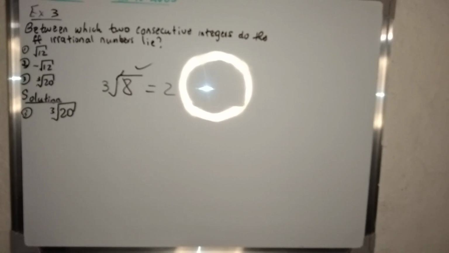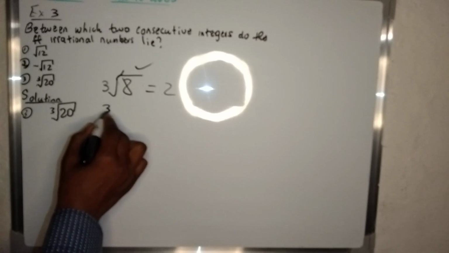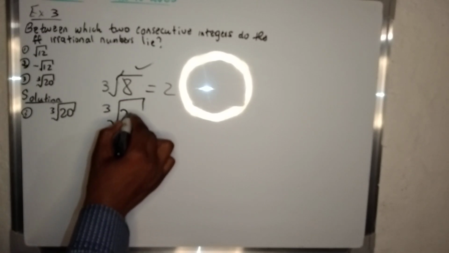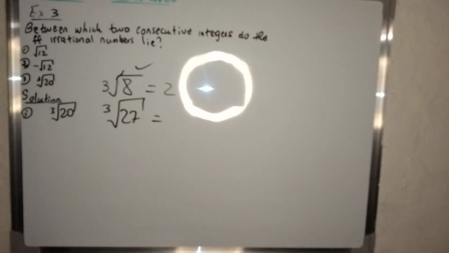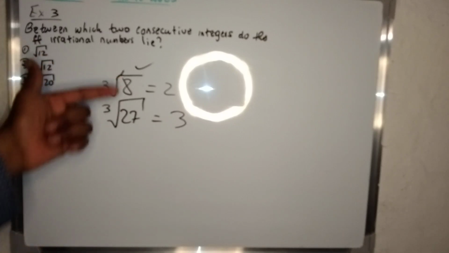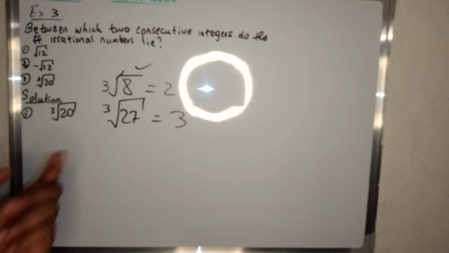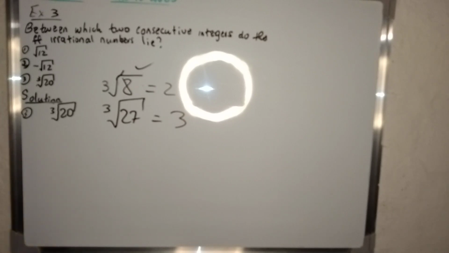But if now we check 27, the cube root of 27, definitely that one is going to give you a whole number, which is 3. And that means these are the two consecutive integers that we are looking for. So we're going to use 2 as well as 3.